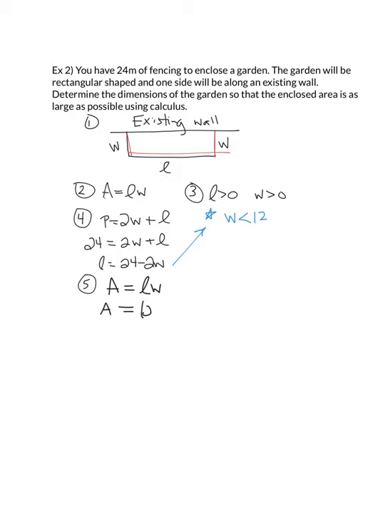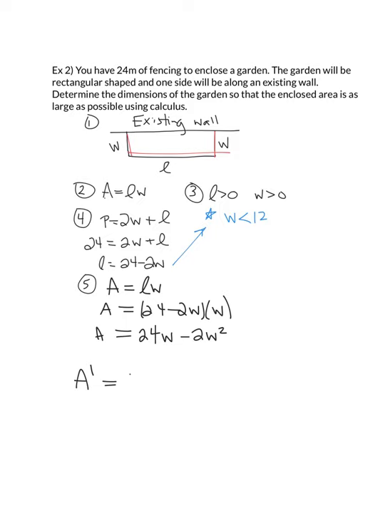So my length is now 24 minus 2W. I'm going to keep my width the exact same way. Now my entire equation is in terms of W, and I will get 24W minus 2W squared. Now at this time I am going to do my derivative because just like with the last problem, we know that when we find the derivative, where it equals 0 is going to be our maximum.